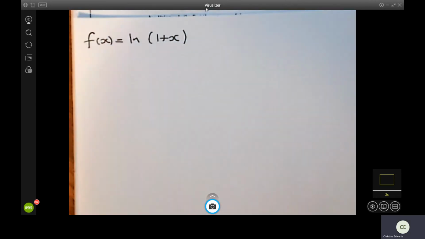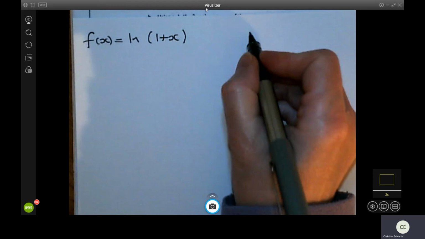Now, as we go along, we're going to do the derivatives, and we're also going to work out the value of those derivatives when x is 0. So we'll do this alongside.